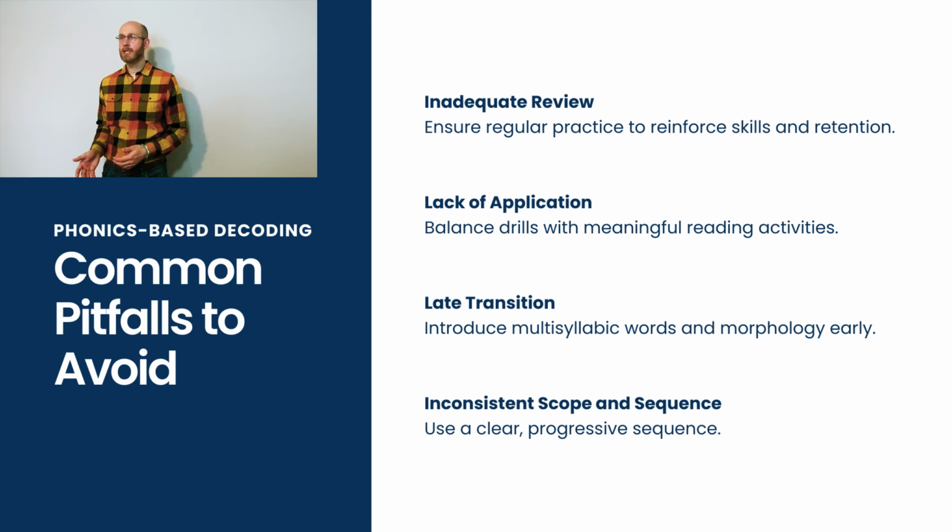To address these challenges, consider tracking student progress to ensure adequate review, integrating phonics into daily reading routines, and adhering to a consistent, well-structured scope and sequence. By being intentional and proactive, we can create an environment that sets all learners up for success.